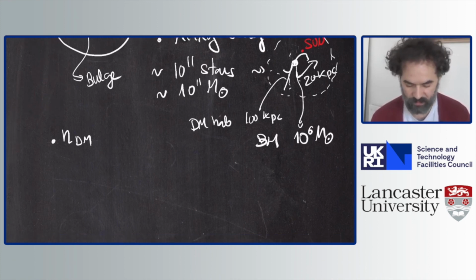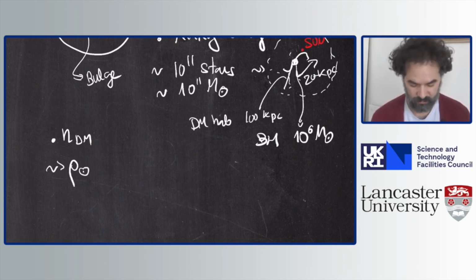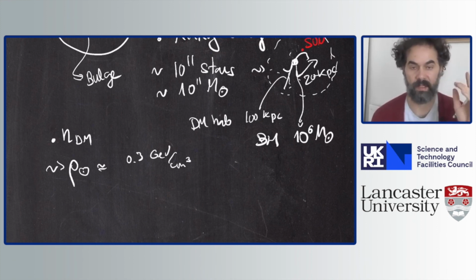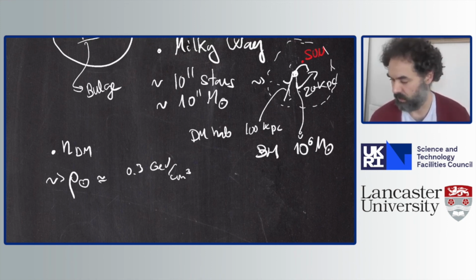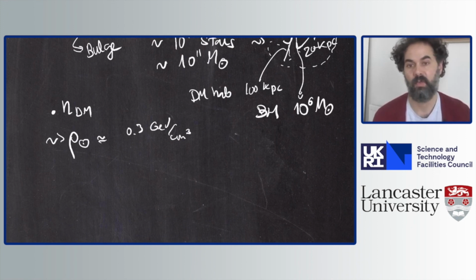I can already tell you that with this kinetic picture, the energy density of dark matter at the solar position is around 0.3 GeV per cubic centimeter. This corresponds to taking the kinetic data of stars around us, plugging together all these different components like the halo, the bulge, the disk, the black hole, and estimating how much dark matter you need in the dark matter halo to account for these dynamics.